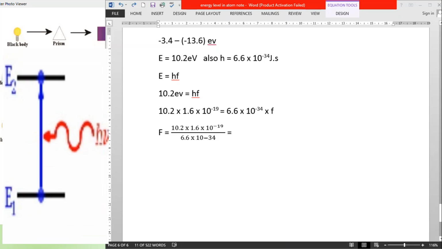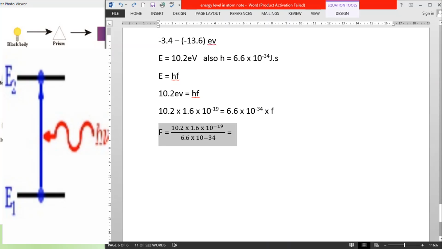Then this 1.6 came as a result of electron volt, and h came as a result of Planck constant, 6.6 times 10 raised to power minus 34. Making the frequency the subject, we are going to have 10.2 times 1.6 times 10 raised to power minus 19, all divided by 6.6 times 10 raised to power minus 34. So that is what we are going to have in this case.